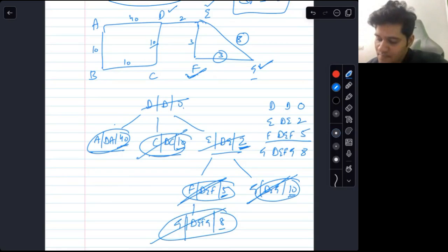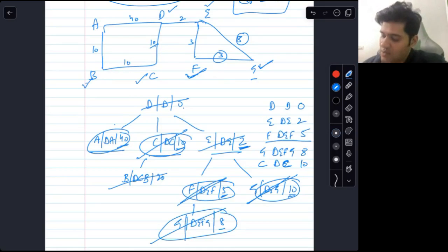Remove C. Mark, work. C, DC, 10. Neighbors of C: D and B. D is done, so I'll add B. B, DC, B at the cost of 10 plus 10, 20. Remove, mark, work. Neighbors of B are C and A. A can be added.